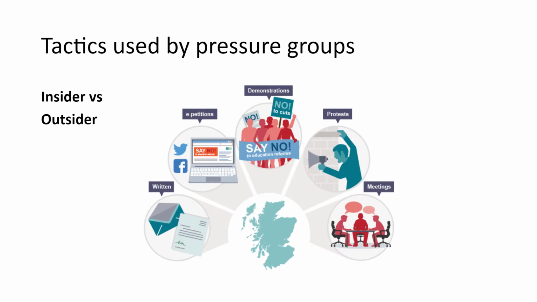There are a variety of tactics used by pressure groups to try and get their viewpoint across and to try and encourage Parliament and government to listen to them. These are divided into insider and outsider.